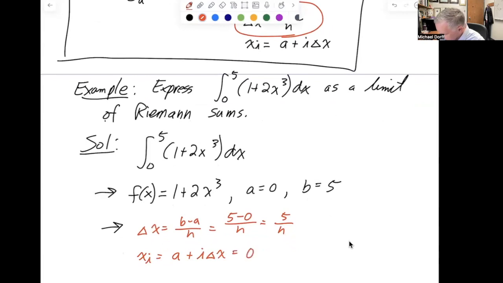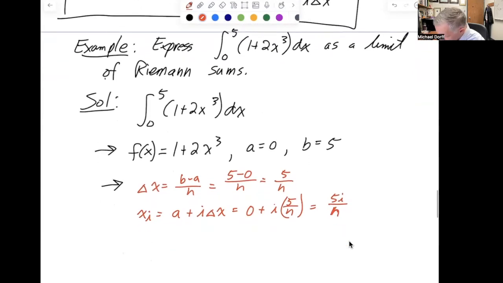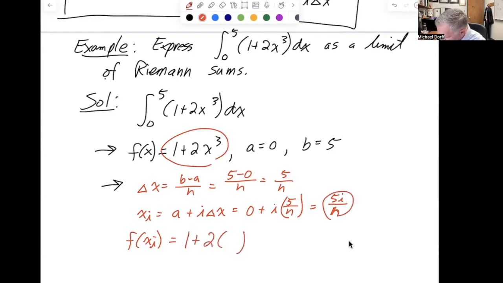So this is going to equal 0 plus i, and delta x was 5 over n, so we get 5i over n. Okay, so finally I can do f of x sub i. So this means I'm going to take my f function, which is up here, and I'm going to do 1 plus 2. And instead of putting x in there, I'm now going to put in the x sub i. So that's going to be 5i over n cubed.